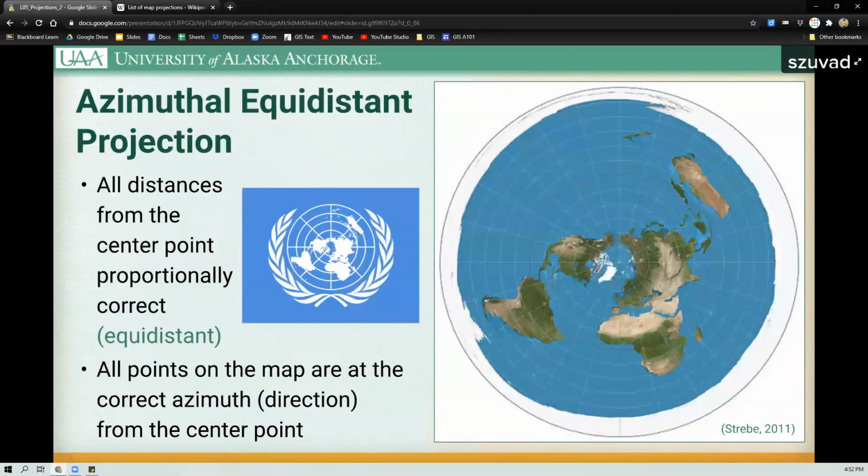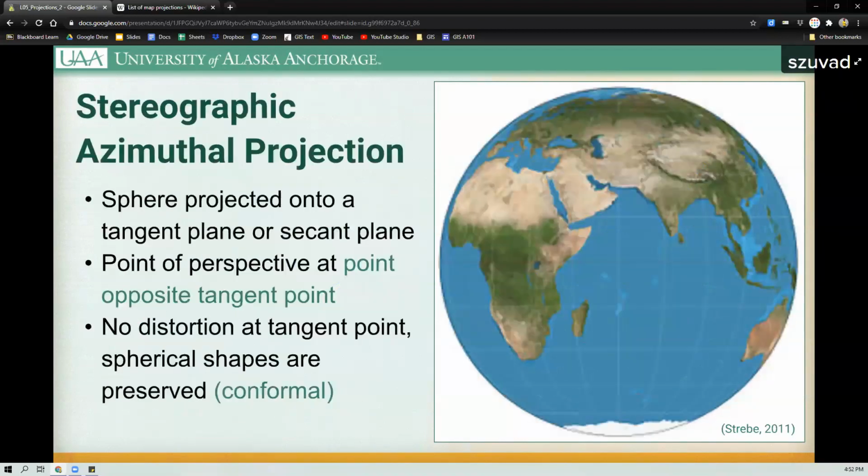All right, so that was the azimuthal equidistant projection. The conformal projection for planar projections, this is just one of the examples that we've selected, is the stereographic azimuthal projection, which means that it's preserving the bearing, the navigational aspects of transiting between two different points, but it's not preserving area or shape very well.